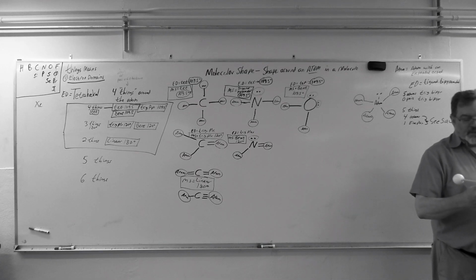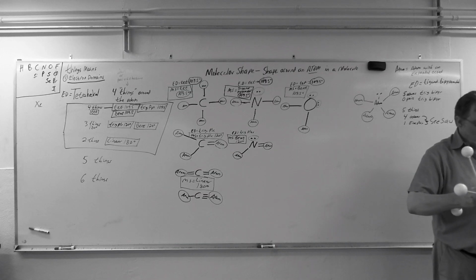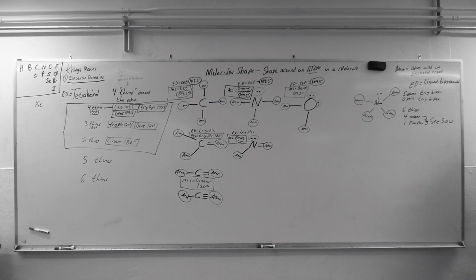Now, if 2 things are missing from this, you get T-shape. I don't think we both did T-shape, so I won't. Let me double check. I guess y'all can see over there. This is the ones they mentioned.